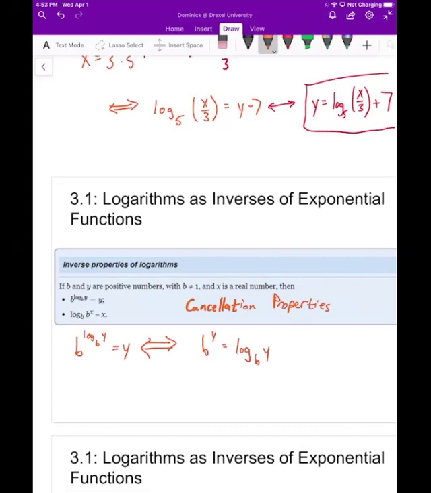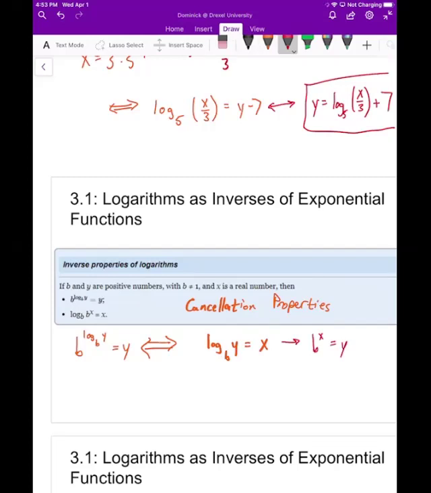Well, wait a second, did I mess this up here? Oh, no. So the way that we want to do this is we want to say that if log base b of y is equal to some number, and we call it x, then that log base b of y equaling x means that b to the x is equal to y, right?